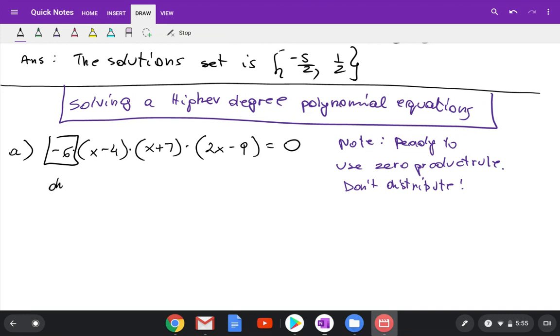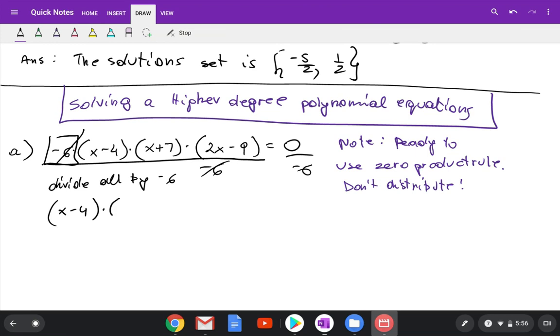So first, just divide everything by negative 6. We divide the left side by negative 6 and the right side by negative 6. That cancels, and we have (x minus 4) times (x plus 7) times (2x minus 9) equals 0, since 0 divided by negative 6 is just 0.